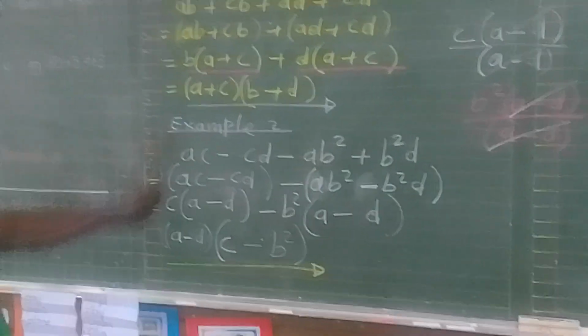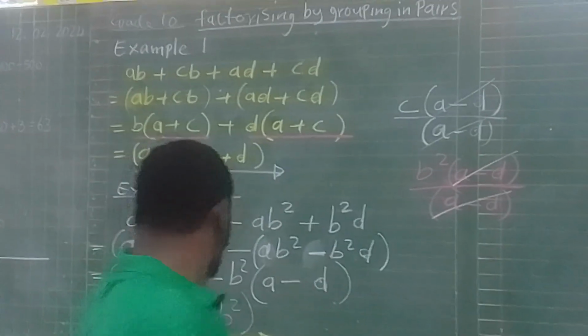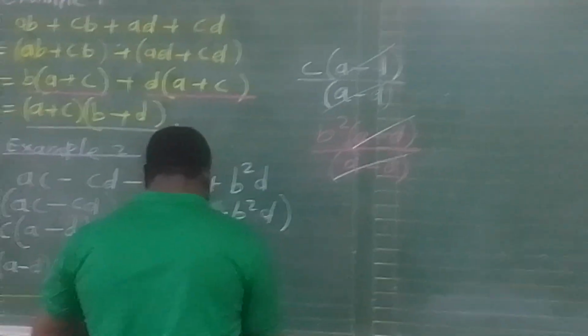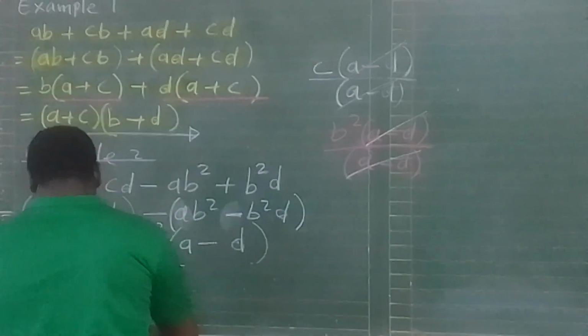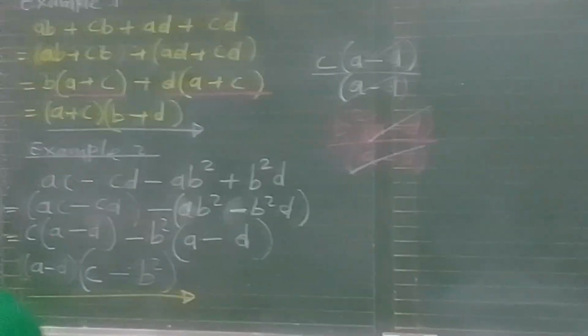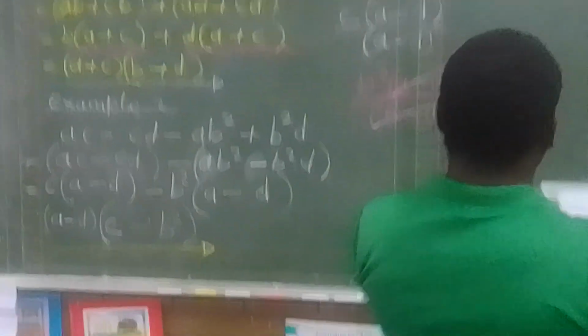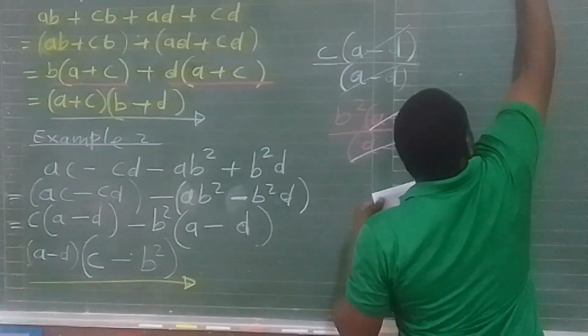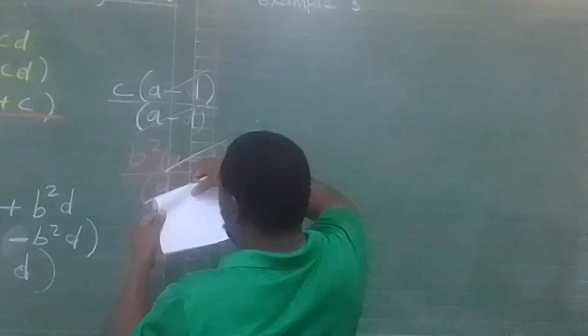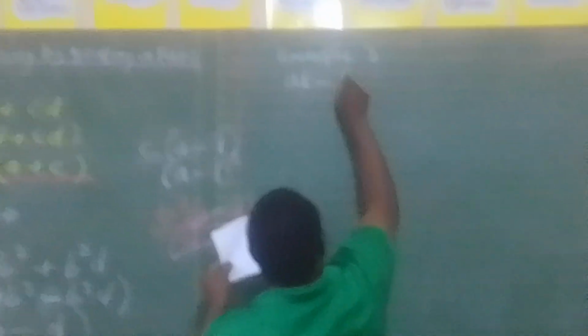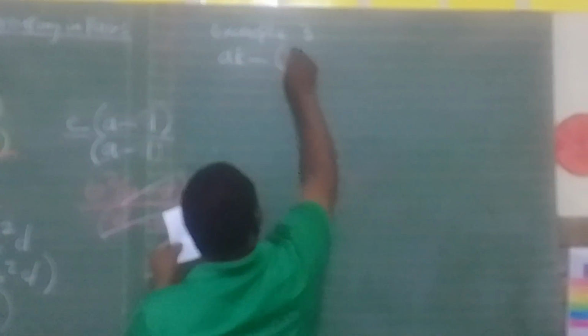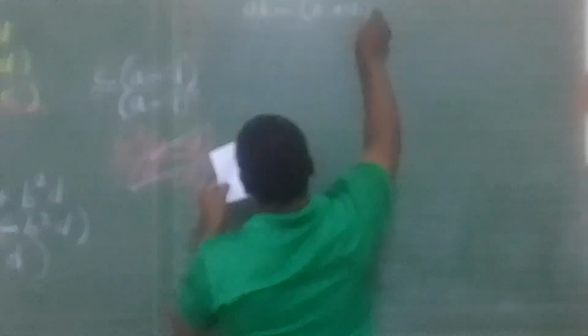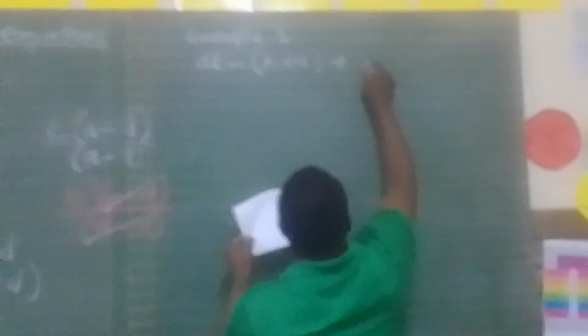This is example number 2. Let's do example number 3 and see if we can spot the same thing and continue working. Example 3 says AK minus into open bracket K plus A close the bracket plus A squared.